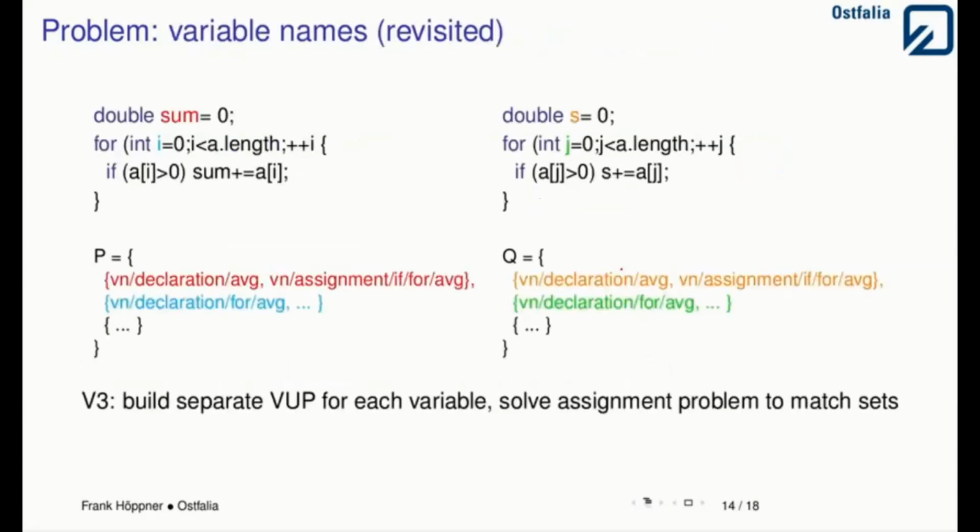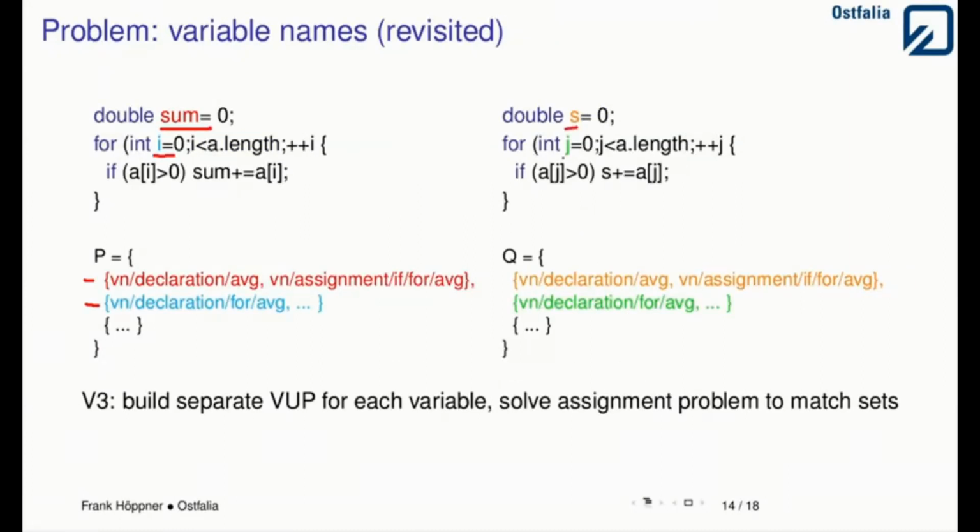Finally, let us revisit the variable renaming problem. We solve it by switching from a single VUP set to one VUP set for each variable. So the code on the left has two variables, sum and i, and therefore we have two VUP sets, and the representation of the full code is a set of VUP sets now.